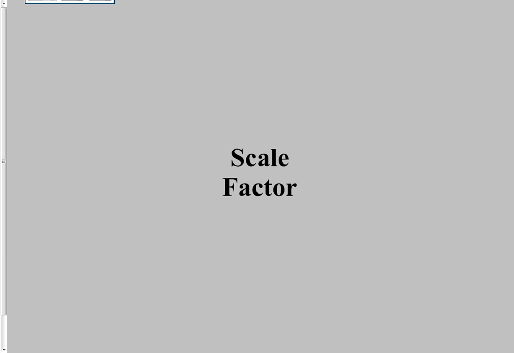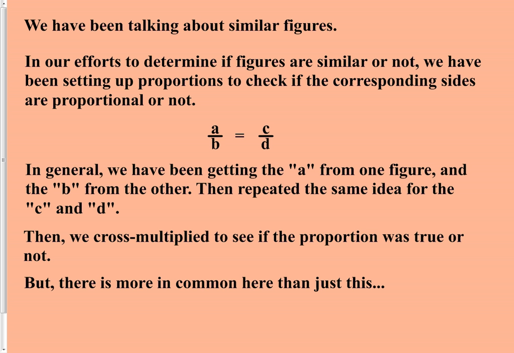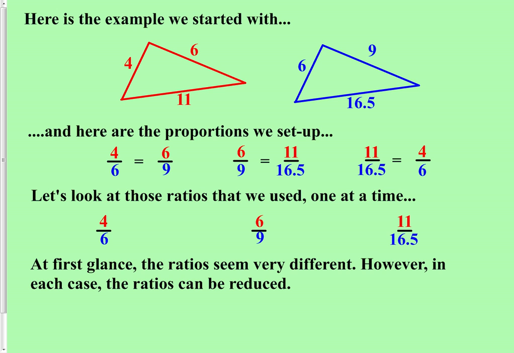Okay, continuing on with the discussion of similarity. You can't hardly talk about similarity without talking about scale factor. Now, scale factor is basically a ratio that determines how two similar figures are actually related to each other. One of the things we looked at, introducing the idea of scale factor, is of course we had three different ratios for our triangles in the example we just looked at.